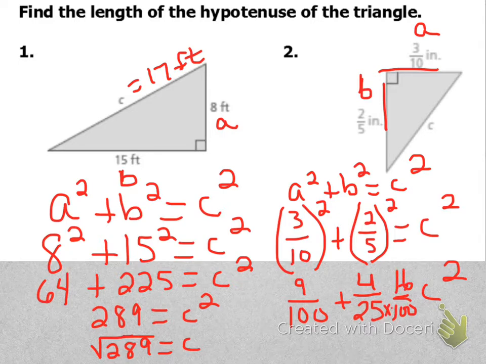So we're going to add 9 plus 16, which is 25 hundredths. 25 hundredths simplifies to be 1/4. So 1/4 equals c squared. Now we have to do the square root of 1/4. The square root of 1/4 is 1/2. So c equals 1/2 inches.